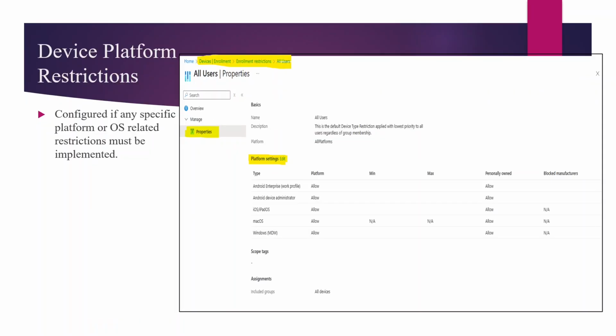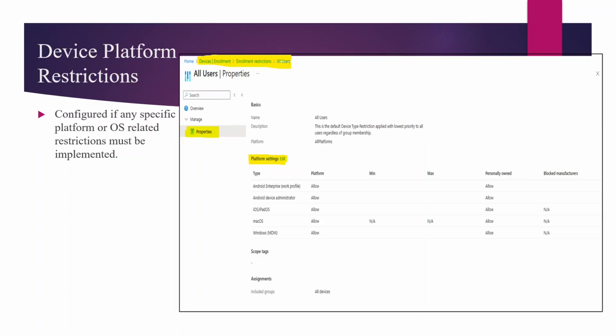The next setting that we have is the device platform restriction. This is where you decide which type of devices or which type of operating systems are allowed to be enrolled. There can be a situation where a specific organization restricts a specific type of operating system.